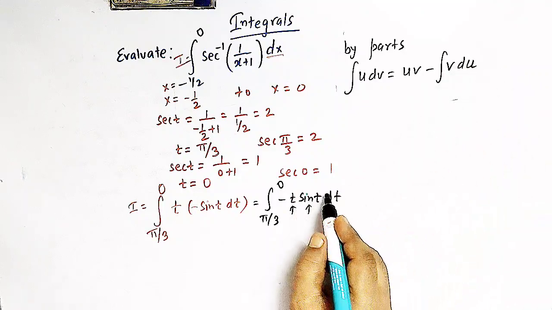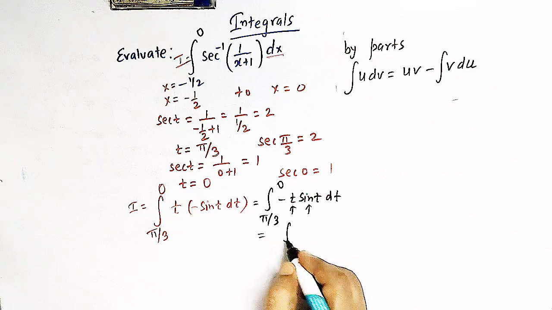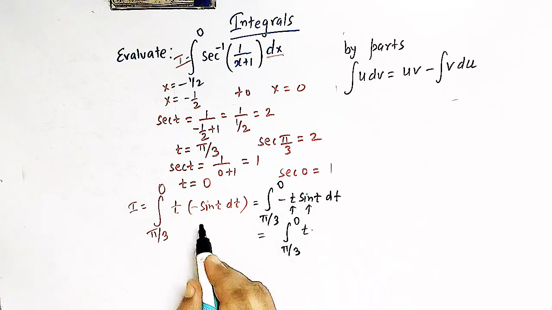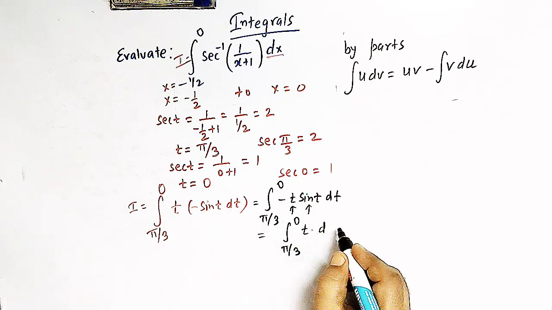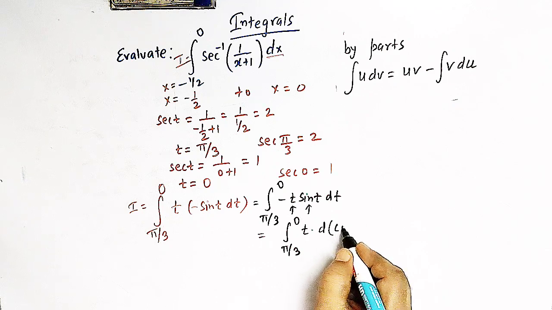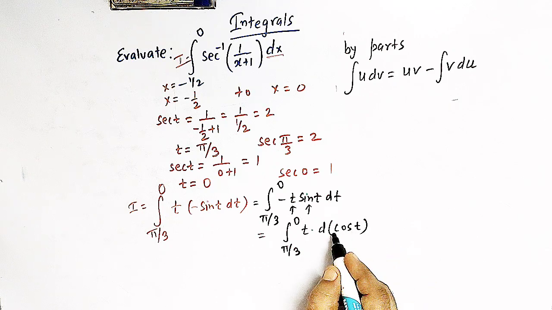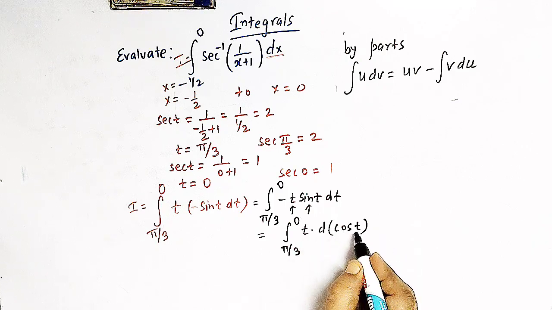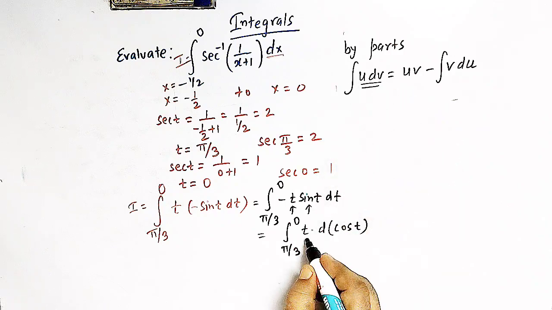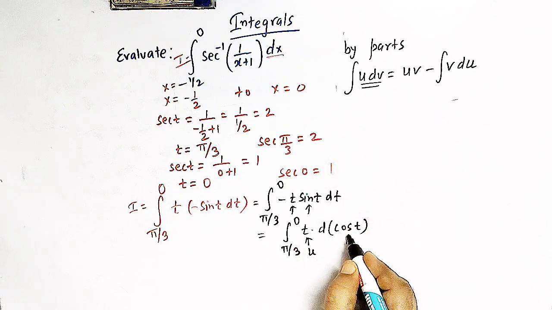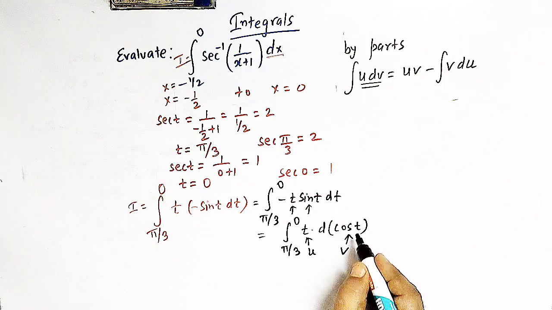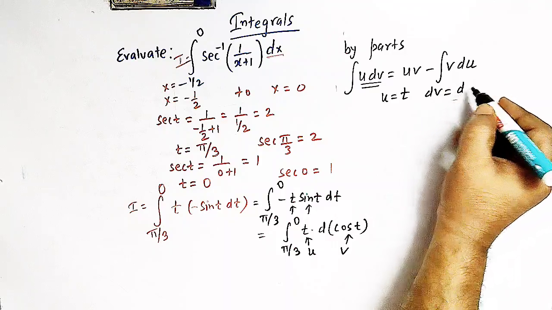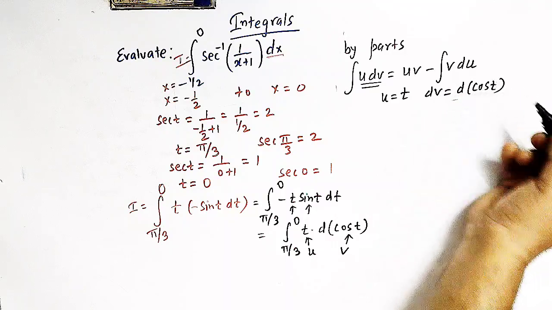So we can write this integral from pi by 3 to 0 as t, and minus sine t dt can be written as d of cosine t, the derivative of cosine t. So if we compare t d cos t with this one, then t is our u and v is our cosine t. So we have u is equal to t and dv is equal to d cos t.